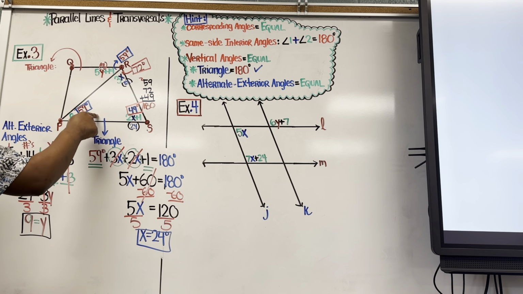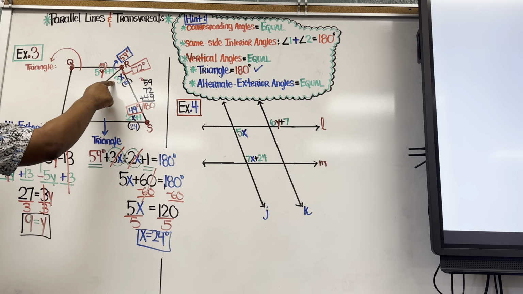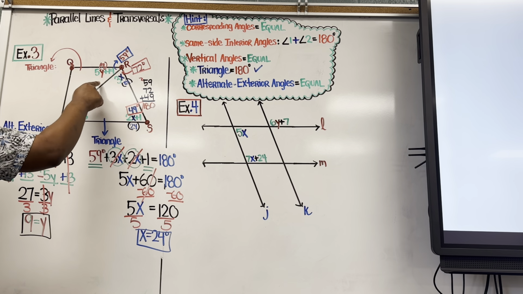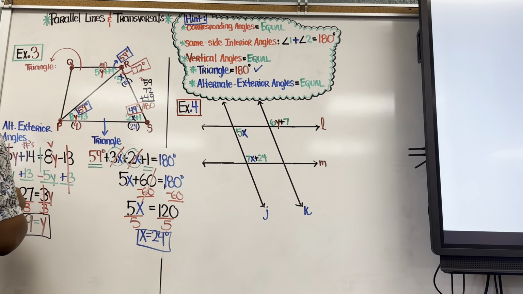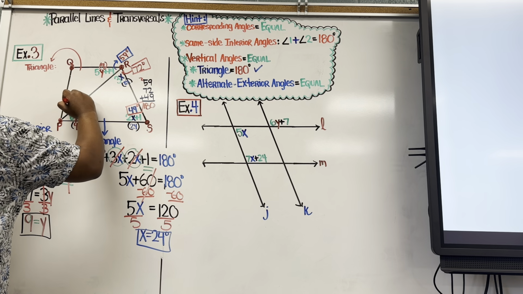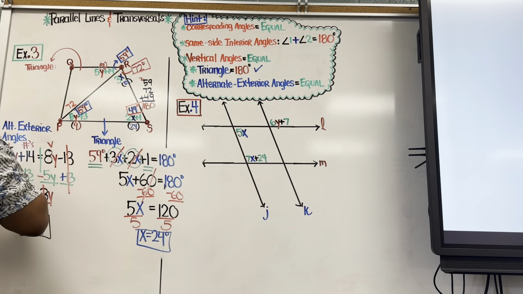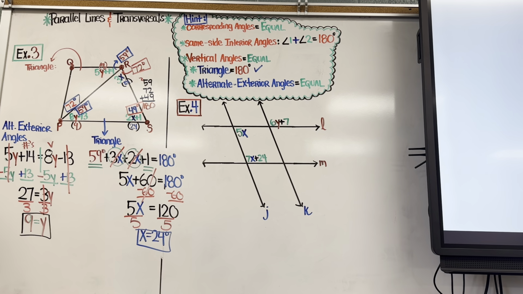If they're alternate exterior, then this angle and this angle is alternate exterior, okay? That means that these two are alternate exteriors. So if this angle is 72 degrees, then this angle over here is also 72 degrees because they are alternate exterior, meaning that they equal in size. So this angle right here is 72 degrees, okay?